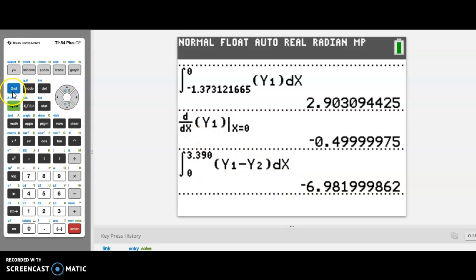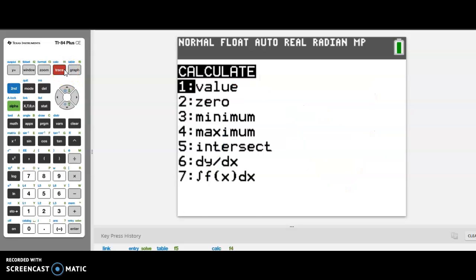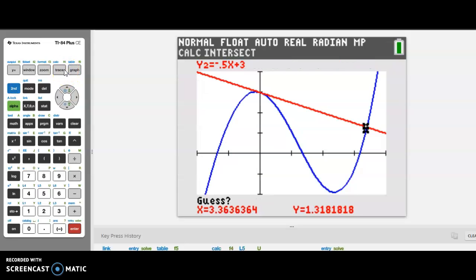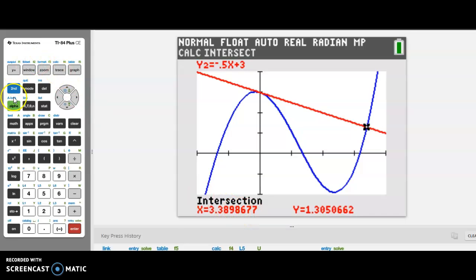Now I'm starting to second guess myself because you shouldn't round too early. So it might be more advantageous if you write all of these numbers: 3.3898677. Let me go back.